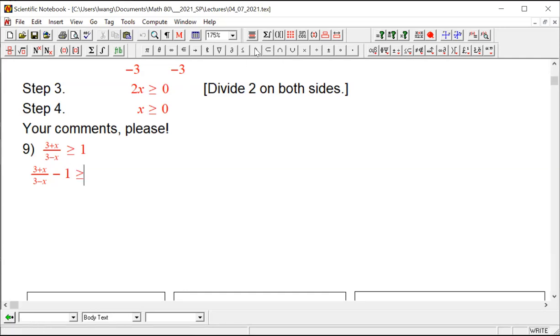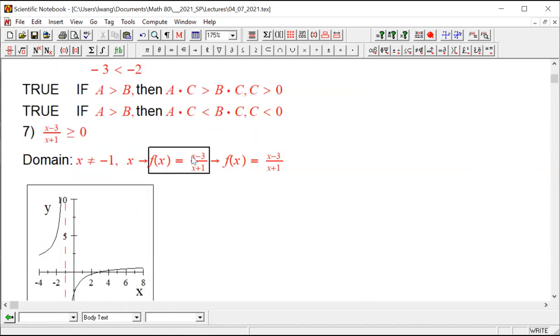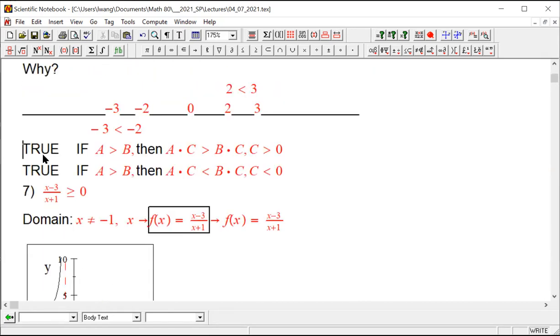Greater than or equal to 0. So if this is true, then this is true. We can subtract the same number on both sides. We don't have to do any switching if we add or subtract. So let me put a summary here.